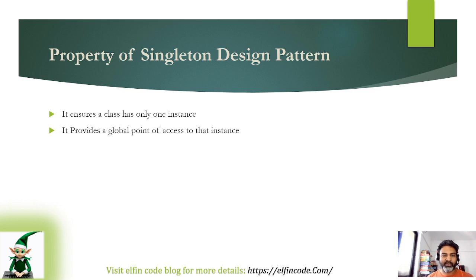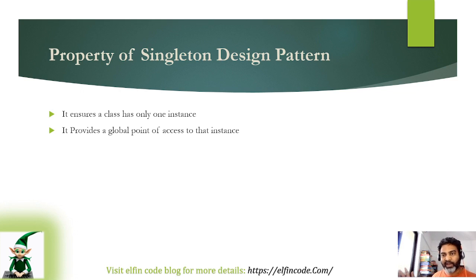Now the second thing, it says that it provides a global point of access to that instance. Let's suppose you have multiple modules in your framework, then all these modules will have only one instance of your singleton design pattern class.